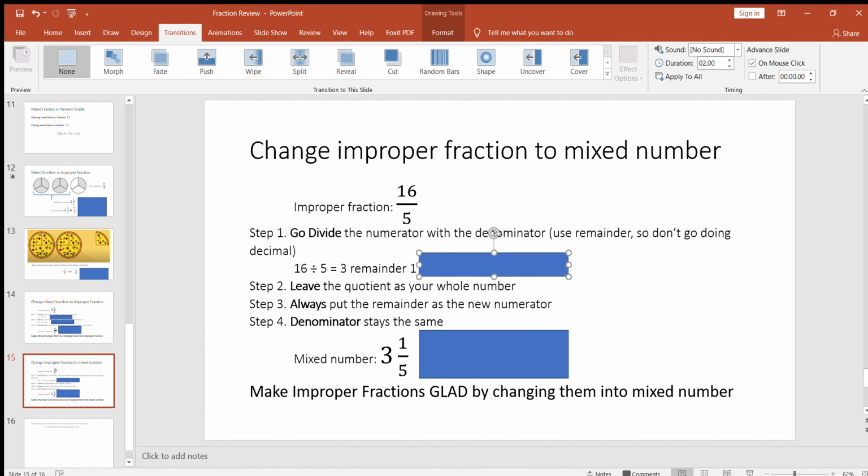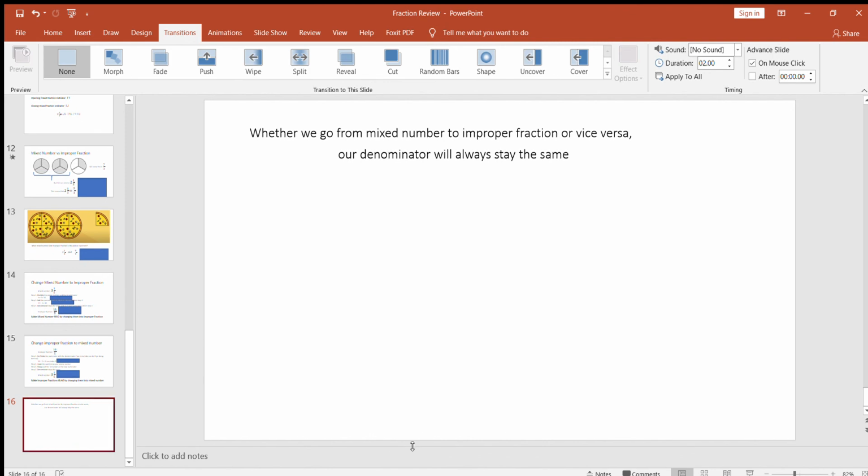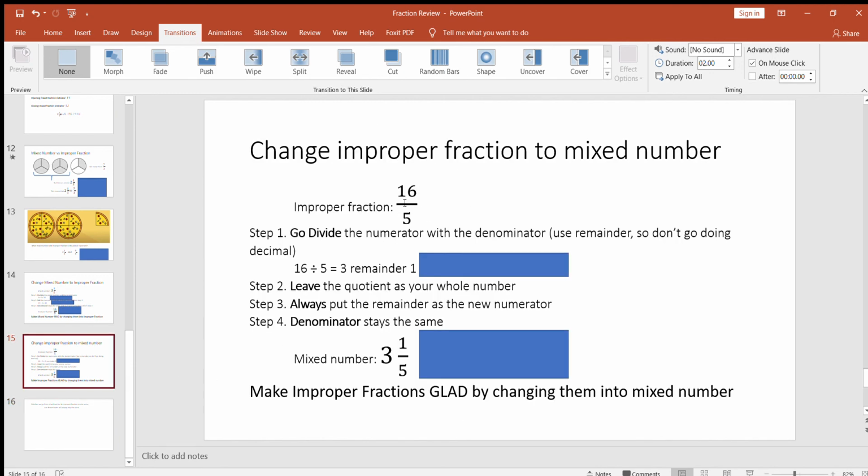Now, for the last slide, whether we go from mixed number to improper fraction or vice versa, our denominator will always stay the same. That's the one thing you can count on that will not change. As you can see, when we go 16 over 5 to 3 and 1 over 5, our denominator stays 5.